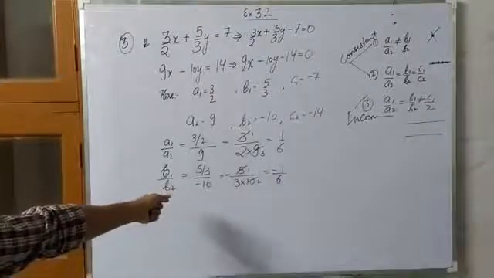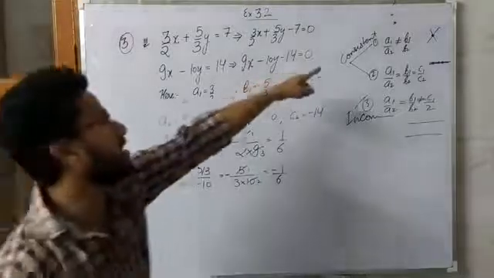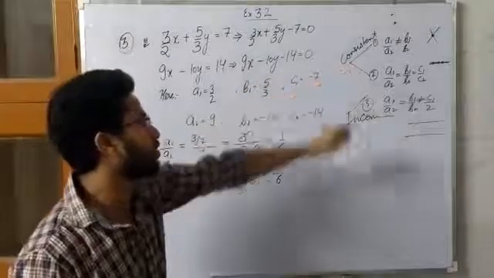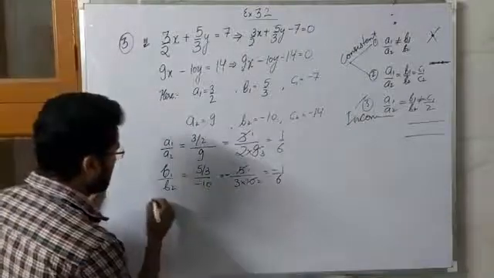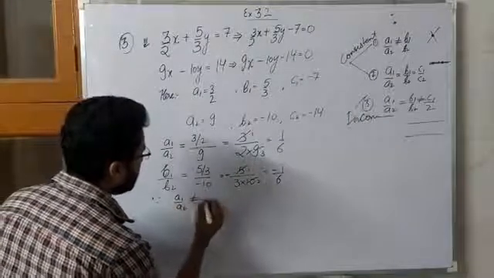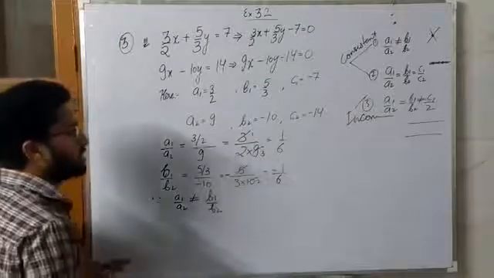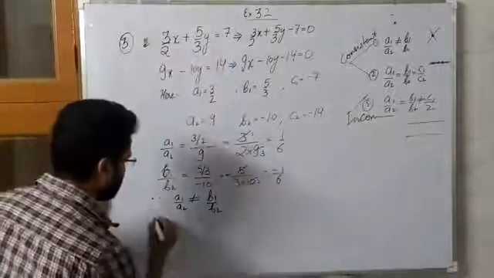So this pair of linear equations will have, okay, a unique solution. So we will say since a1 upon a2 is not equal to b1 upon b2, right? In this condition the two lines intersect each other.